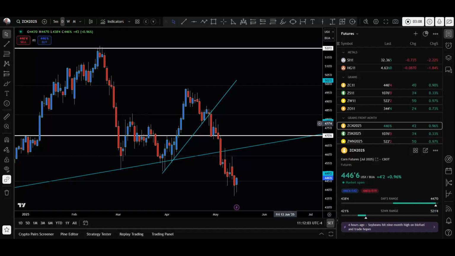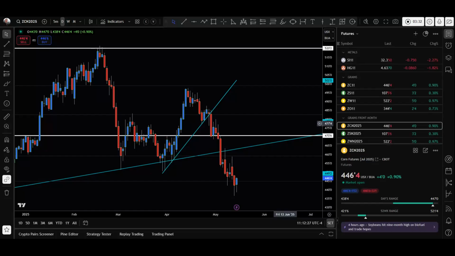Basically, if you're in an uptrend and the market is breaking above resistance levels, significant resistance levels, you want to be a buyer. It really is that simple. Market breaks above resistance, you want to be a buyer.